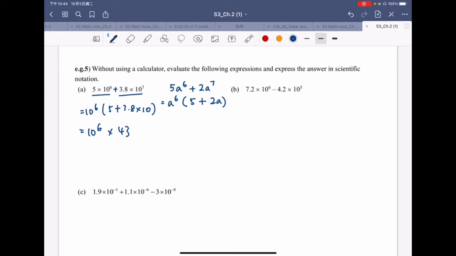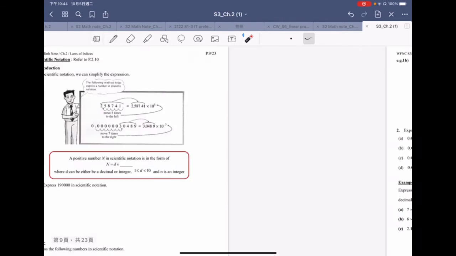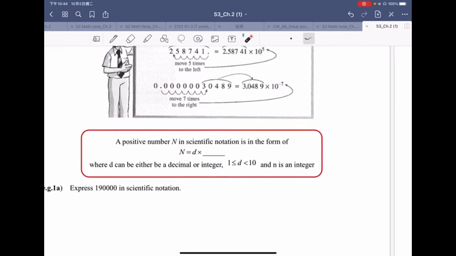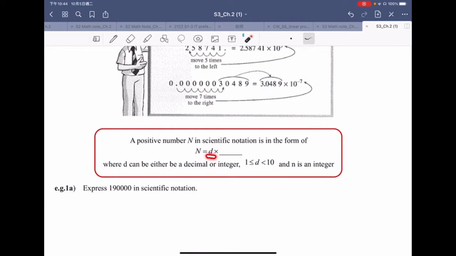But remember, it's not the format for scientific notation. For scientific notation, the number should be smaller than 10.